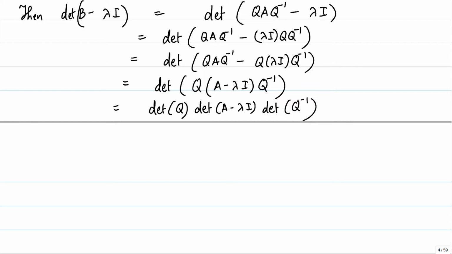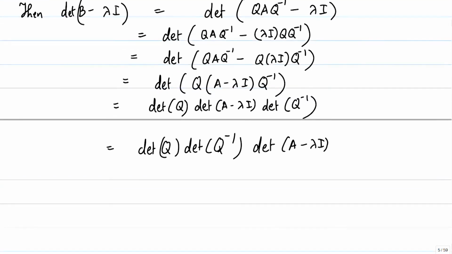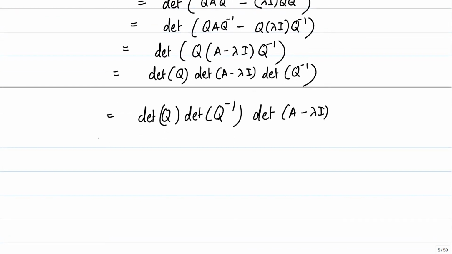But these are real numbers, so this is just the determinant of Q times the determinant of Q inverse times the determinant of A minus lambda I. And this is the determinant of Q Q inverse times A minus lambda I, which is the same as the determinant of A minus lambda I.